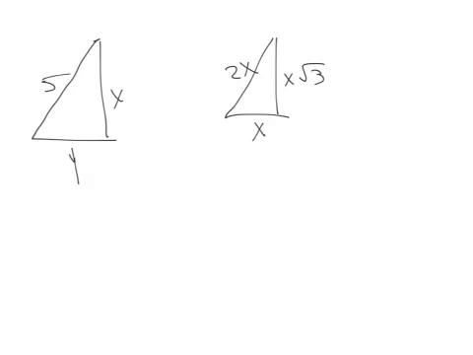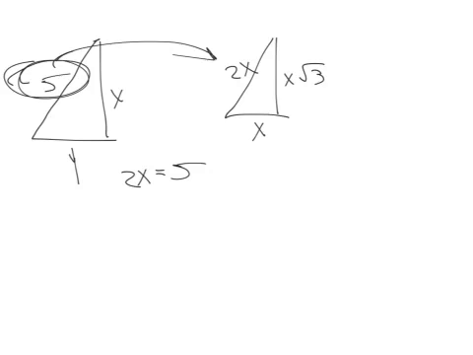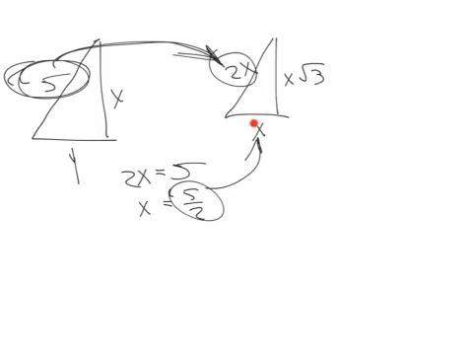Alright, so what number are they giving me? They're giving me 5. What is 5 equal to? It's equal to 2x. So 2x equals 5, right? The length of the hypotenuse here will always be 2x. So that means x is actually 5 halves. So what did I find? I found that. So when 2x is equal to 5, x is 5 halves.